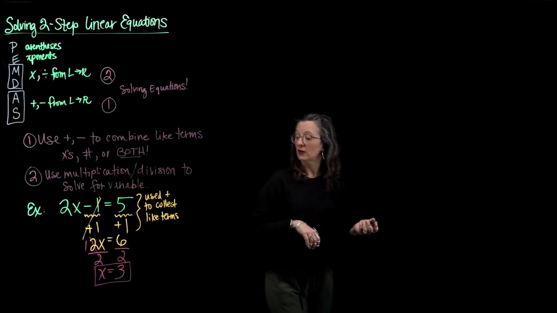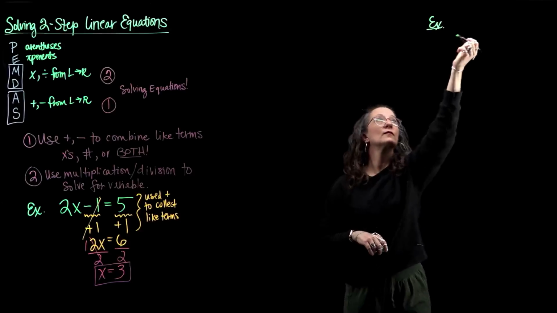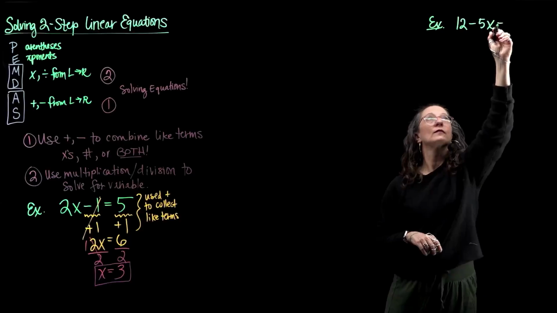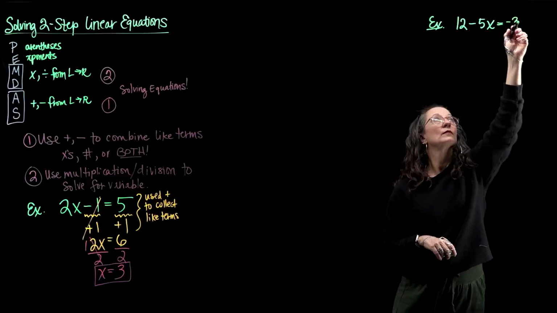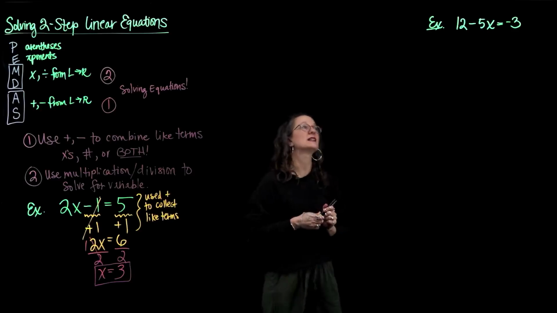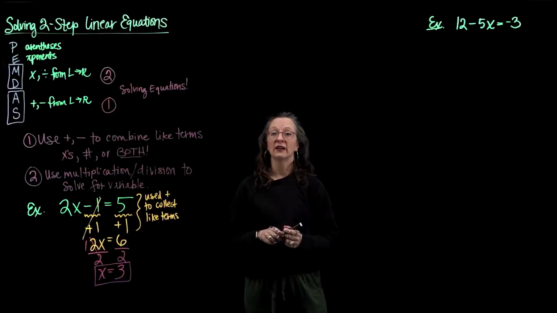All right, let's look at another one. All right, I have the equation 12 minus 5x is equal to negative 3.